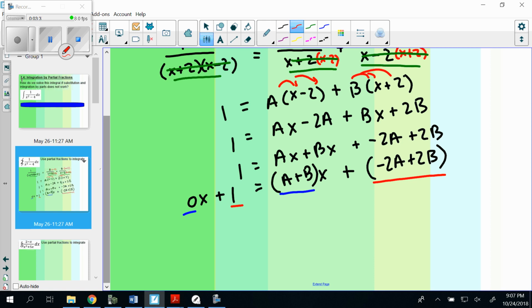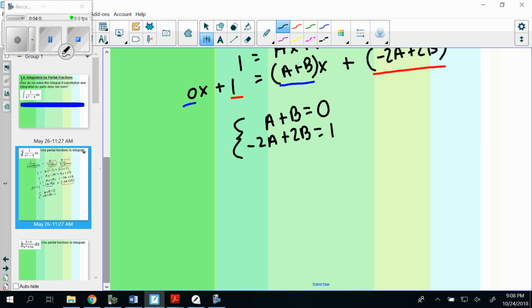So what we're going to come up with here is two different equations. One's going to be that A plus B we know has to equal 0, and the other one is that negative 2A plus 2B has to equal 1. Now we have a system of equations that we can solve.